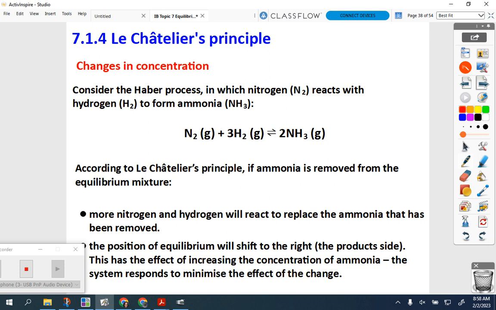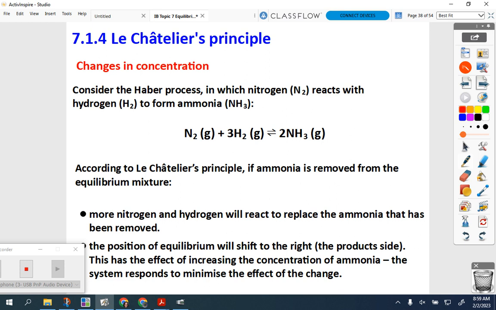So if we have a way of selectively reducing the concentration of ammonia, taking out the stuff that has already been made once we've reached equilibrium, then we're going to drive the reaction to produce more ammonia. Because if we reduce the concentration of the product, then there's not as much product to drive the backwards reaction, and so the forward reaction is going to take over.